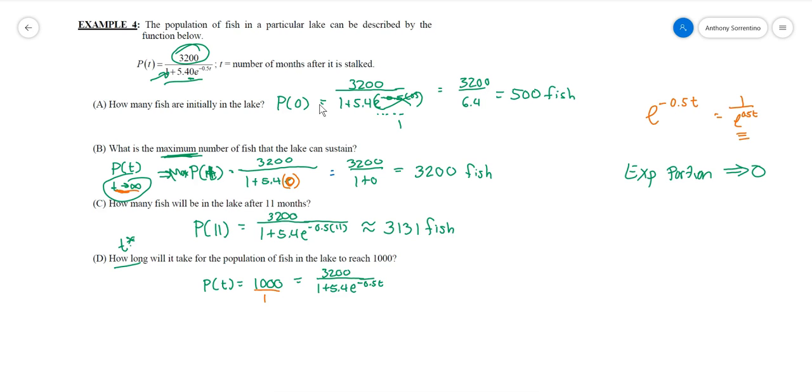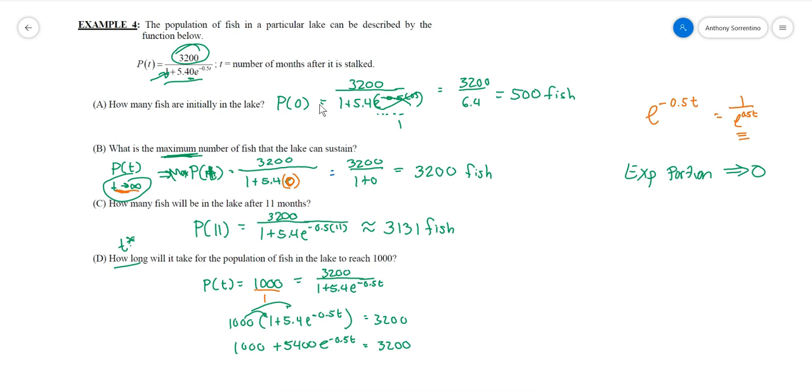So I'm going to have 1,000 times 1 plus 5.4 e to the negative 0.5t equals 3,200. When I distribute the 1,000, I'm going to have 1,000 plus 5,400 e to the negative 0.5t equaling 3,200.